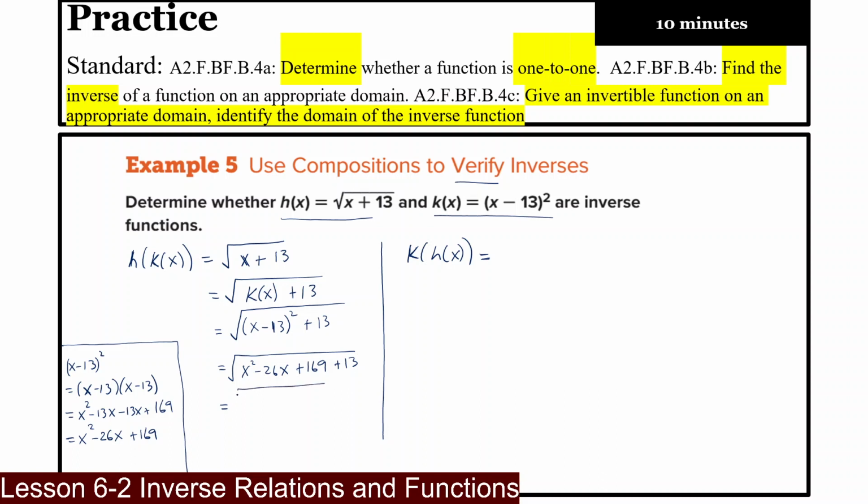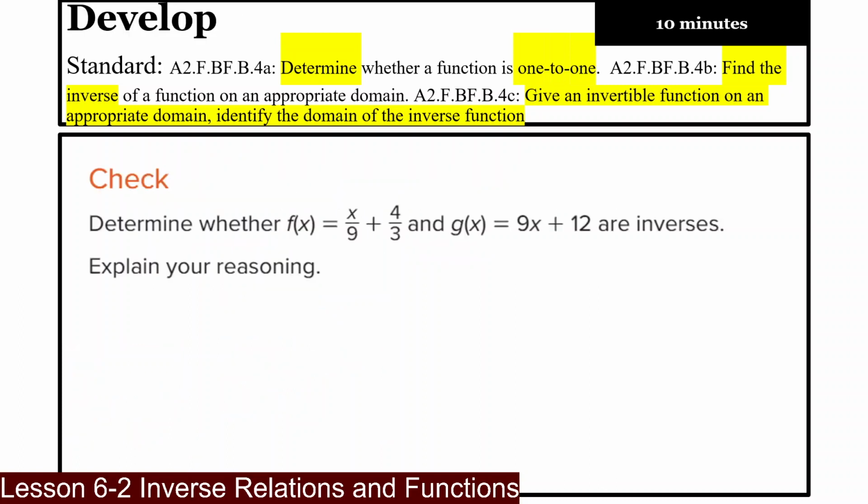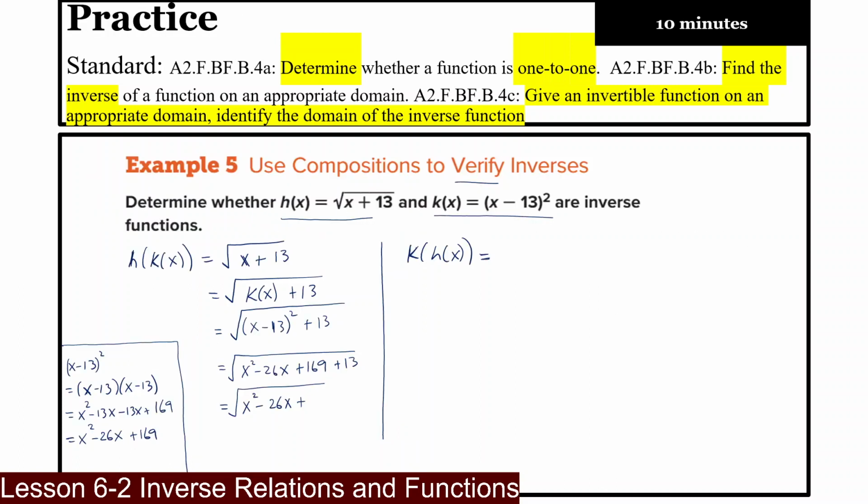So I get square root of x squared minus 26x. 169 plus 13 is 182. See, I'm not very good at number math. Oh, there you go. So 169 plus 13, 182.